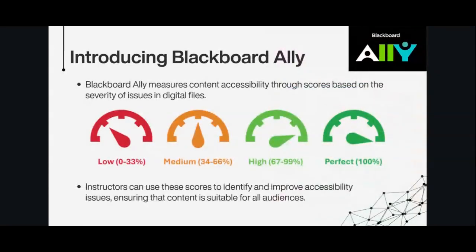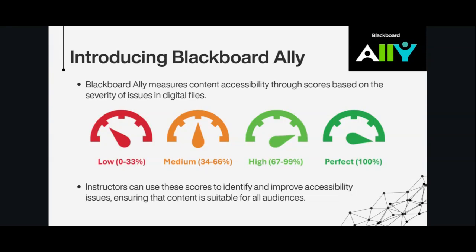So Blackboard Ally. I know when I first introduced it, I did say something about an accessibility gauge. So this is what you will get. I'm sure some of you have noticed when you upload a document, you get one of these little things next to it. Sometimes it's very tiny.